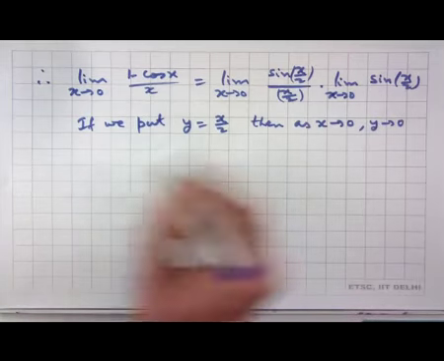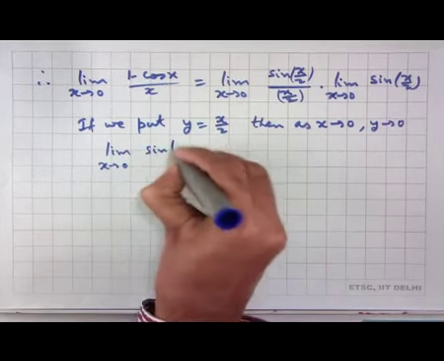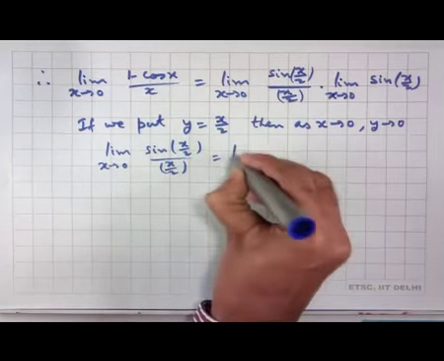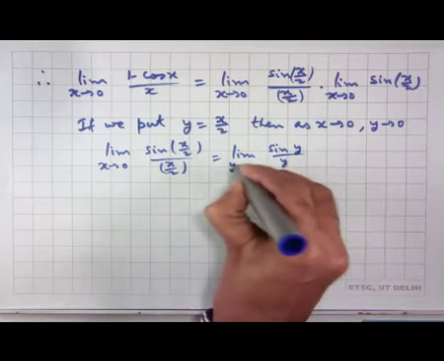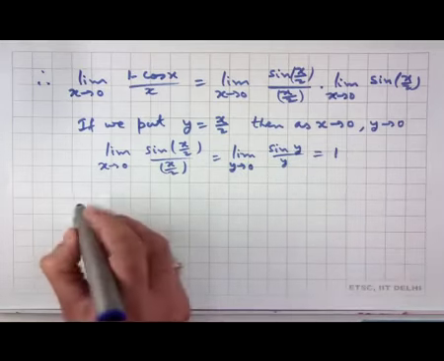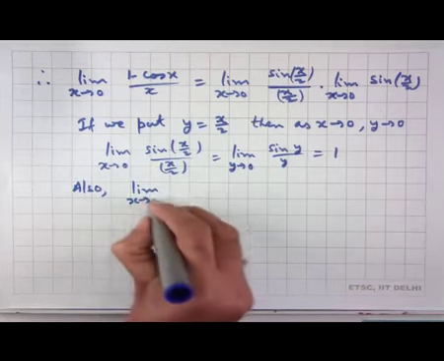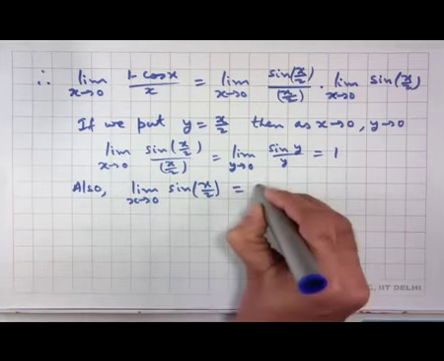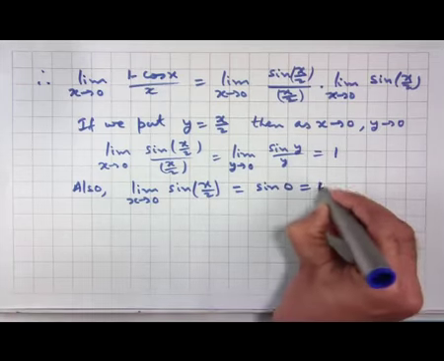So, therefore, this limit x going to 0 of sin x by 2 divided by x by 2 is equal to limit of sin y by y, where y is approaching 0, and this limit we know is 1, and of course, the other limit of x going to 0 of sin x by 2 is equal to sin of 0, which is 0.